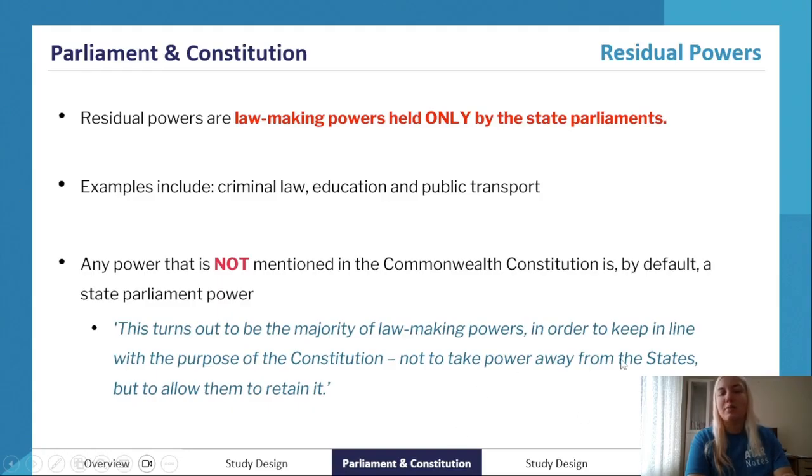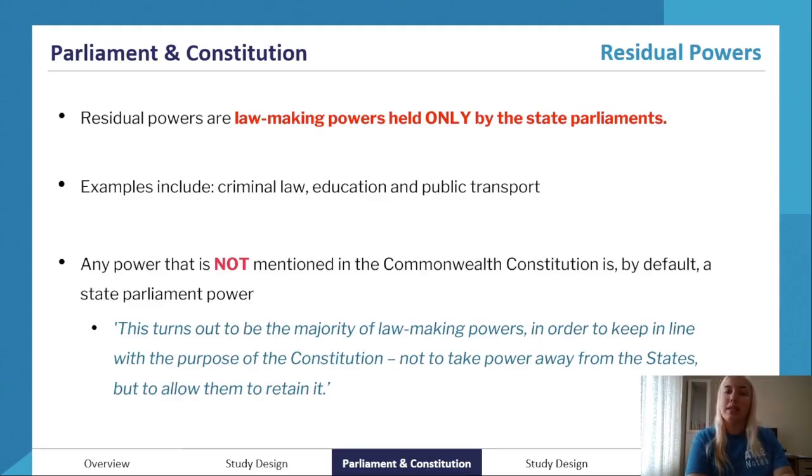And why that is the case, because when the Constitution was initially established and written, the purpose was not to take away power from the states, but to allow them to retain it. So obviously, with Australia coming under one country, all of the states and areas had concerns that they would lose all of their freedom, and there would be a single parliament and everything would change.